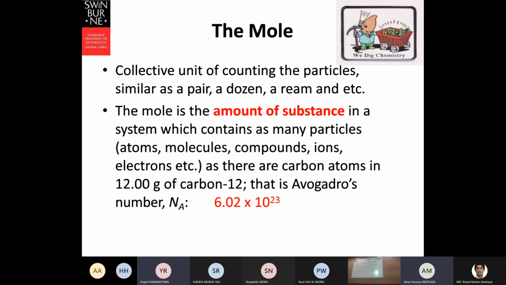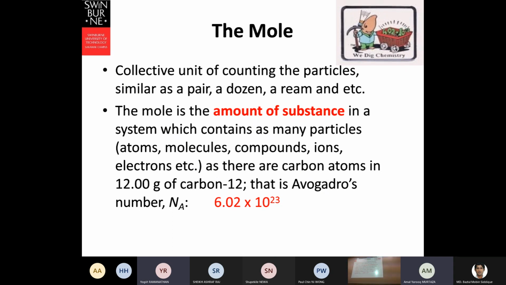But don't be confused. That mole and this mole are different. This is Avogadro's number. In 1 mole, there will be Avogadro's number of whatever thing you consider: 1 mole of atoms, 1 mole of electrons, 1 mole of protons, 1 mole of this pen.